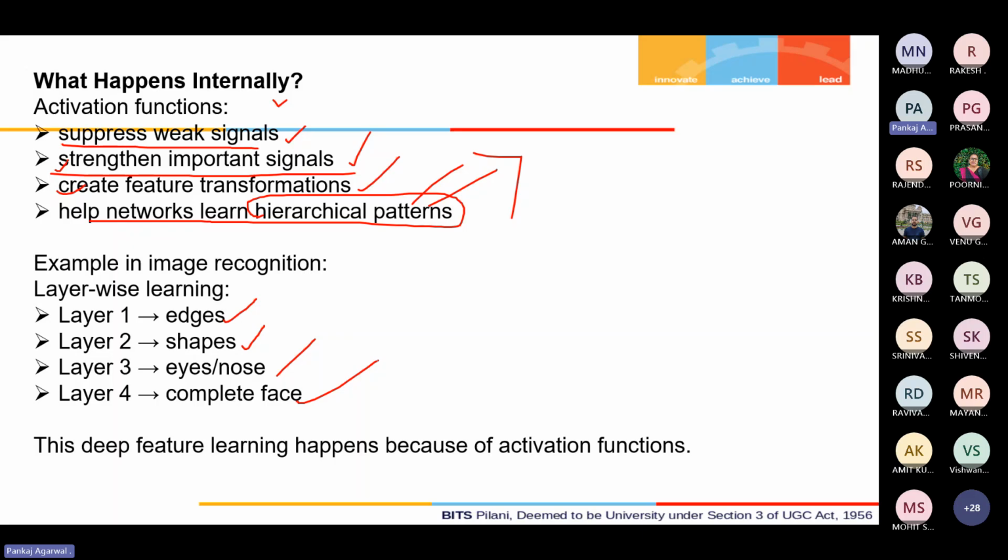And the beauty of everything is that while doing all this, we do not know how it has happened. It's not that I can dictate to the network that layer 1 will do edge recognition, layer 2 will do shape recognition, and layer 3 will do eyes or nose. I do not have any control. The control is automatic. It might be a little confusing to you.